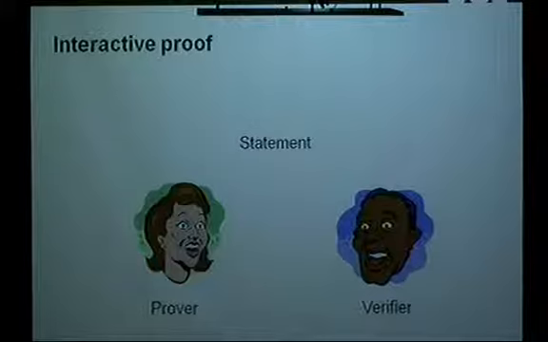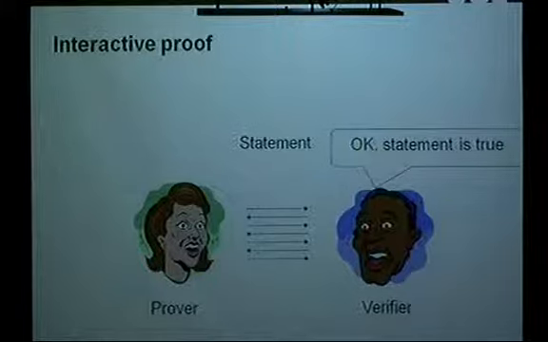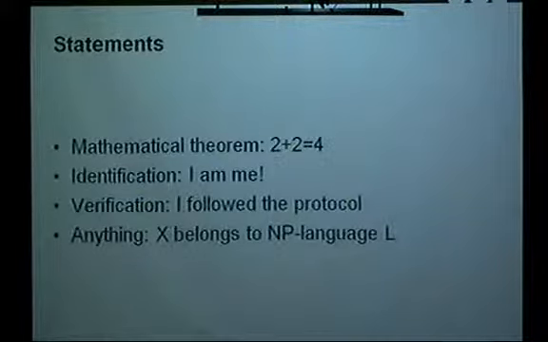Okay, so now we have this interactive protocol between what we will call the prover and the verifier, and in the end the verifier is happy, says, okay, now I'm convinced the statement is true. And it can be all kinds of statements, right? It could be mathematical theorems, it could be some kind of identification protocol where Alice wants to convince Bob that she is indeed Alice.